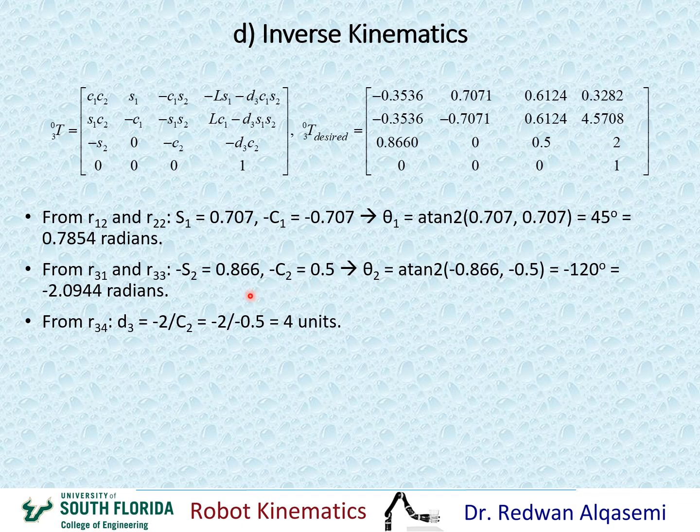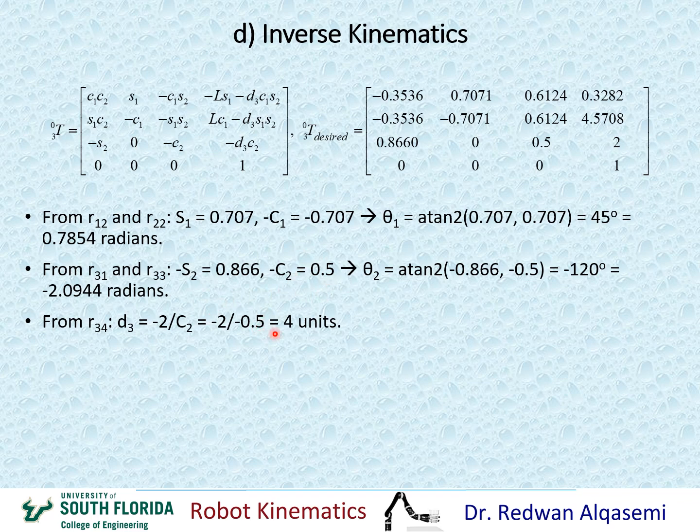Now for the third joint variable, D3, I'm going to look at R34, which is right here, and its equivalent in the given desired matrix, which is 2. So basically negative D3 C2 equals 2. From that I can extract D3 to be equal to negative 2 over cosine theta 2. I already have the cosine theta 2 value, which is negative 0.5 right here.